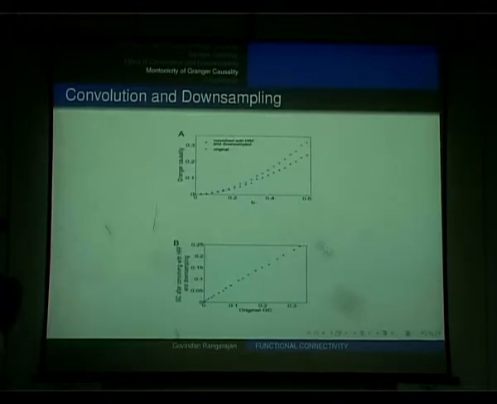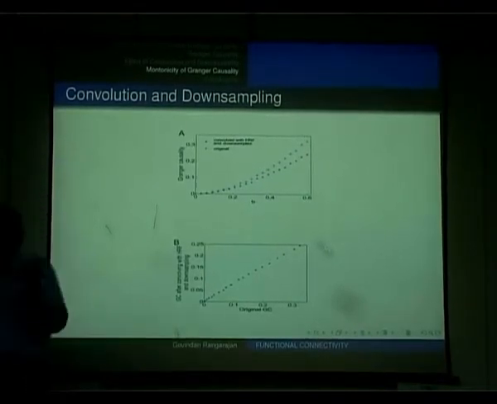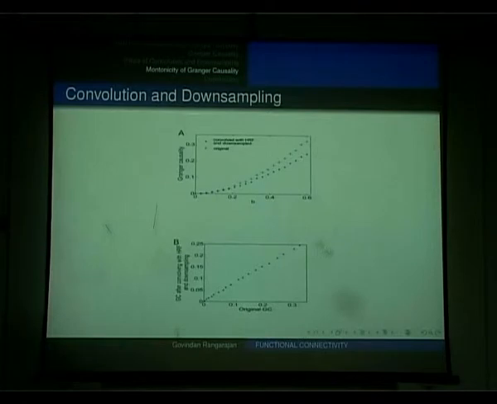That is because when you are convolving with the slow HRF signal, you are essentially stretching out, spreading the information across a much longer time region. So even if you downsample, you are still able to detect connectivity patterns between two different regions. So in fact, the convolution makes it better, and again you see the monotonicity.